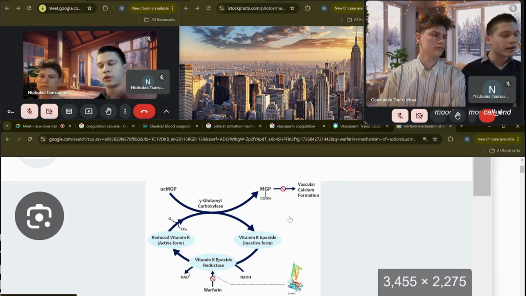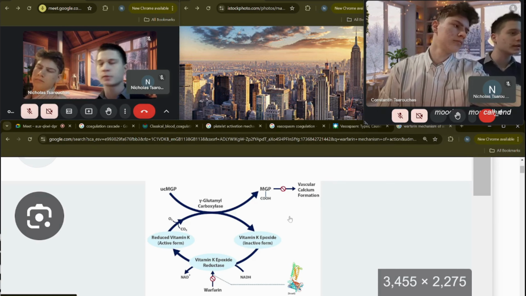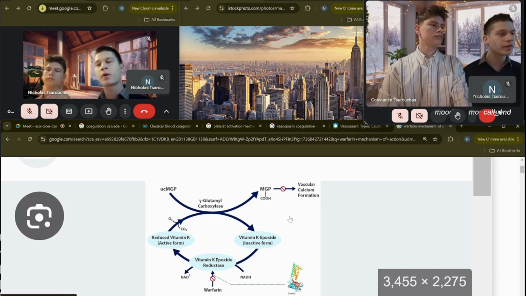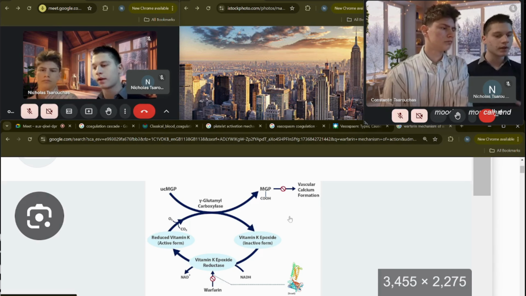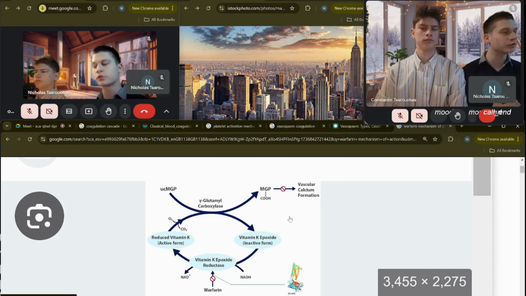We have drugs that cause thrombus degradation, your fibrinolytic drugs, alteplase and streptokinase. Streptokinase is from bacteria itself, and the problem is that over time you start producing antibodies against it, so it has limited efficacy.